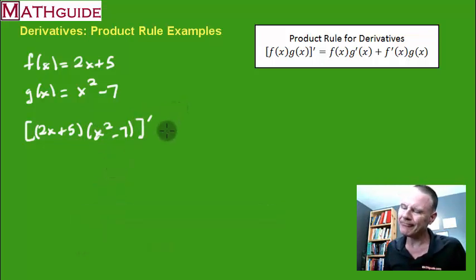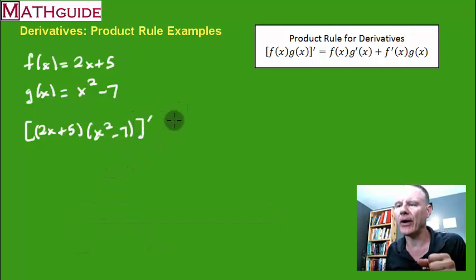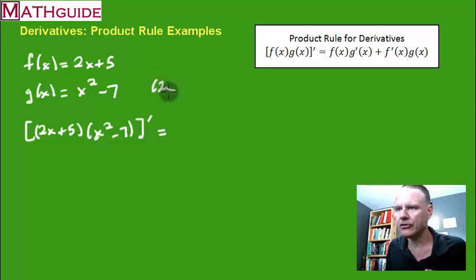Well, I'm going to try to do this a couple different ways. Let's say I were to multiply these two together, the 2x plus 5 being multiplied by the x squared minus 7.